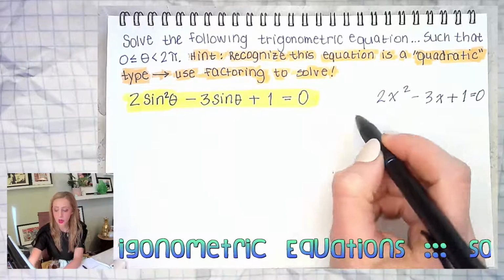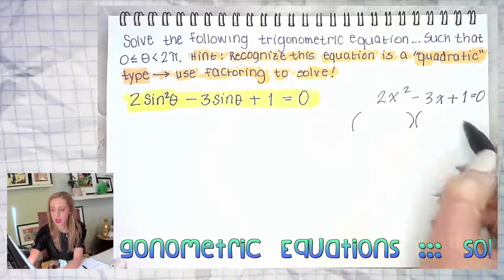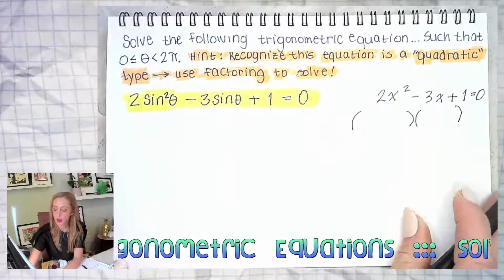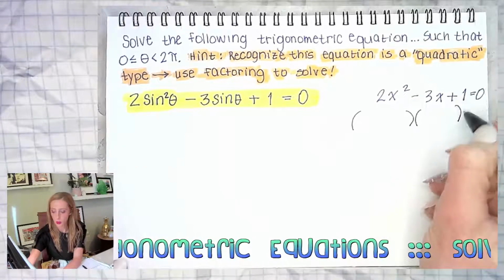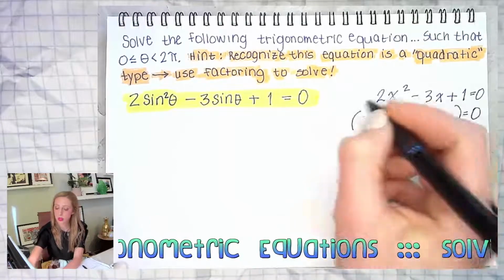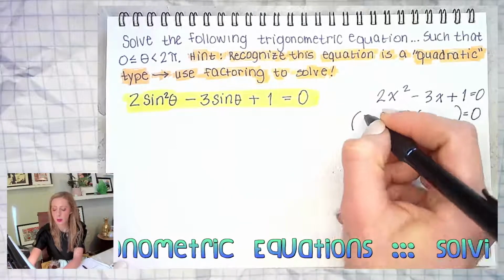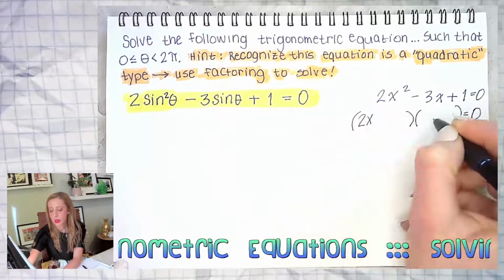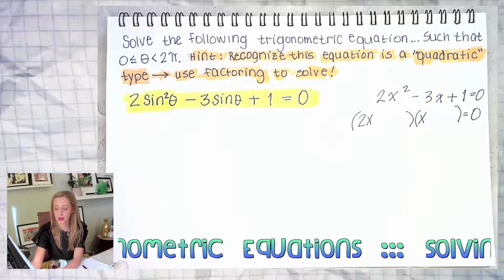You know that first times first has to equal 2x squared. You know last times last has to equal 1. Since 2 is prime, in fact, the only even prime number is 2, we will use 2x and x.